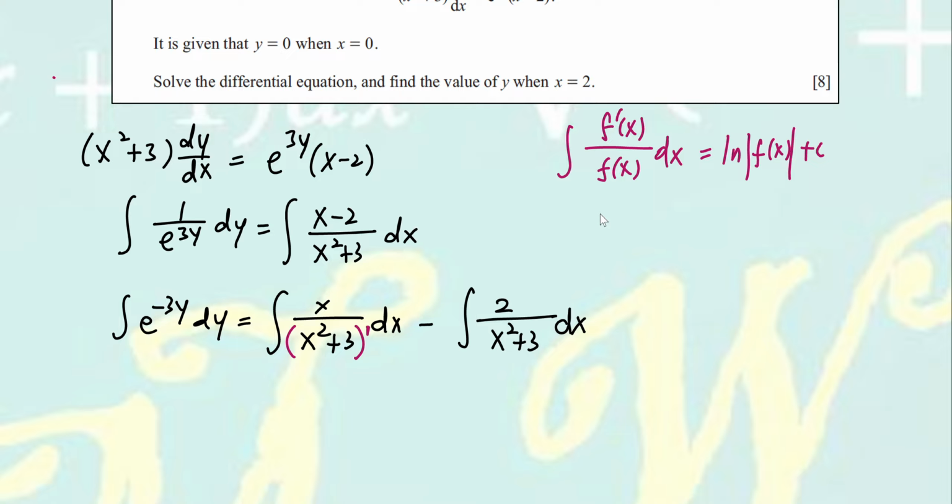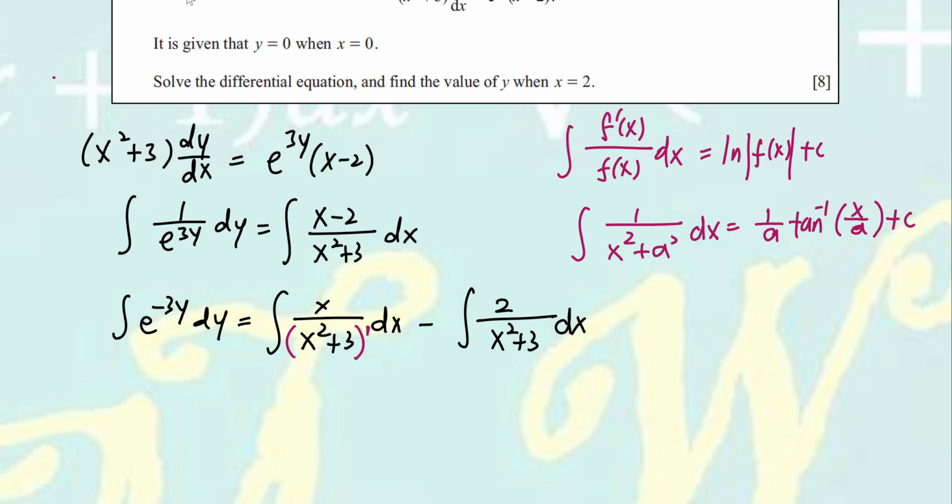And then the other one is to integrate 1 over x squared plus a squared. This is 1 over a arctangent x over a. Or probably the a you can write in the numerator.